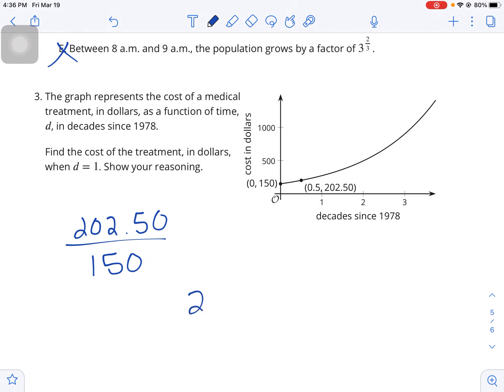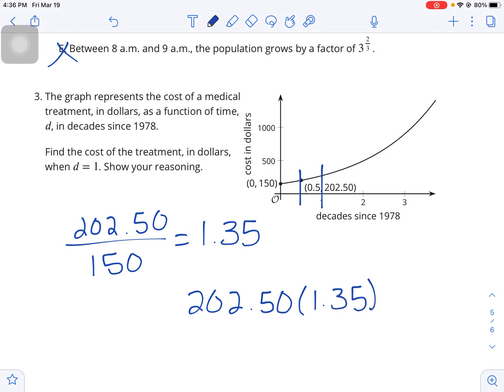So I would take 202, this is 1.35, and then since that was a half decade, to go from here to here, that's the same amount of time, so I can apply that same factor, 1.35, and I get 273.4.